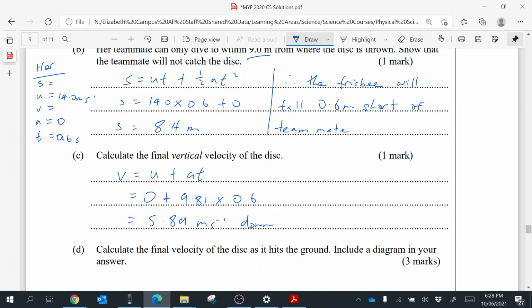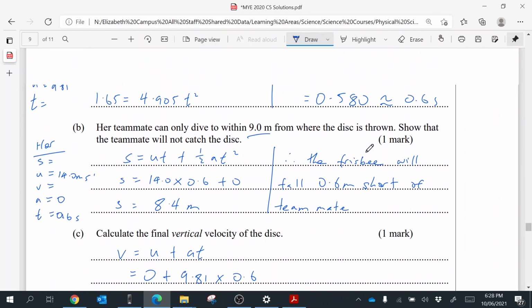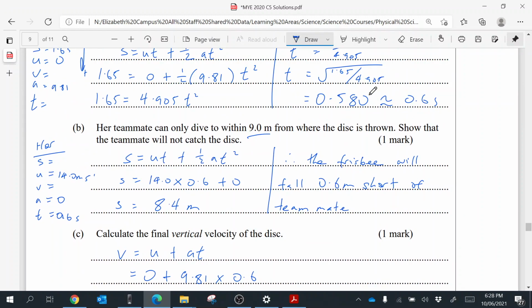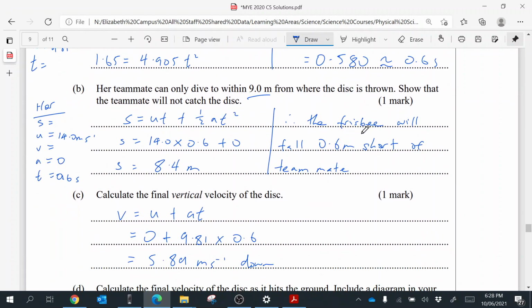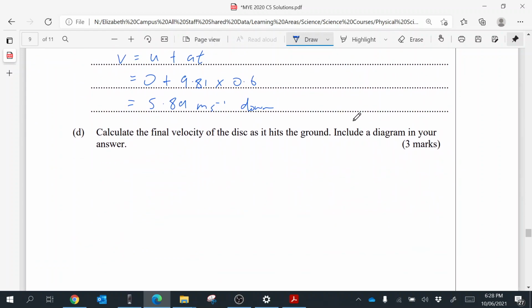Just FYI, if you used 0.580 throughout your calculations, that would also be fine. You'll have slightly different answers, maybe.